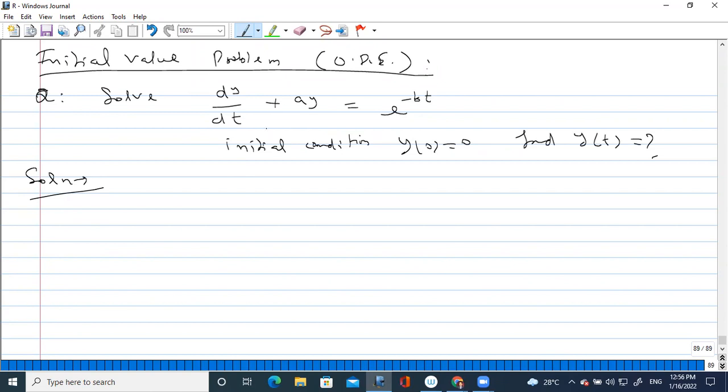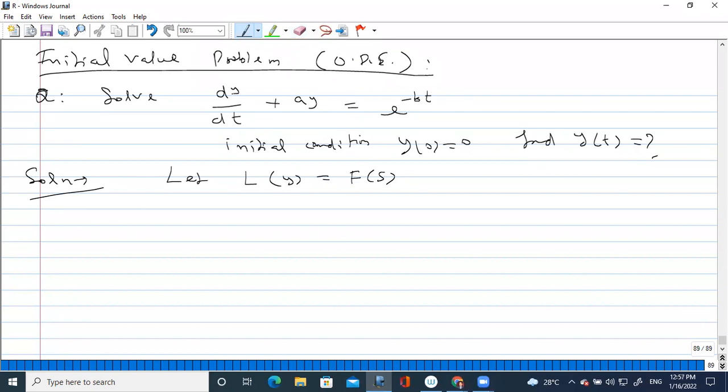So to apply Laplace here, because we know the Laplace formula for differentiation, we can apply it here. Let the Laplace of y be Y(s), or you can take F(s) if you are confused, because here my function is y.